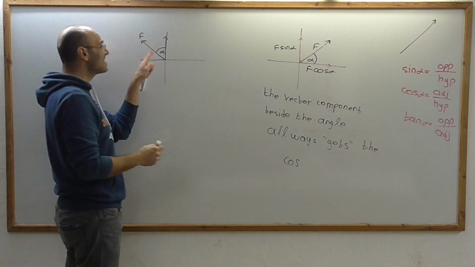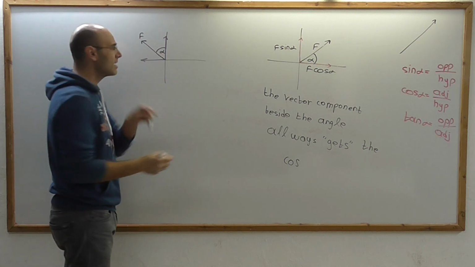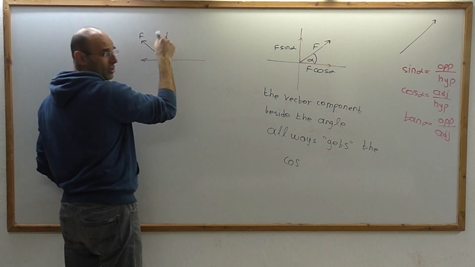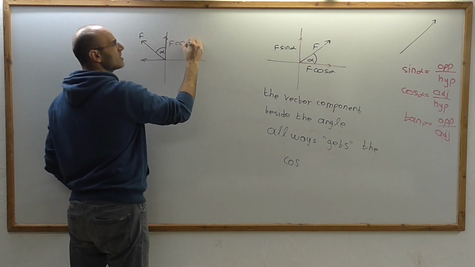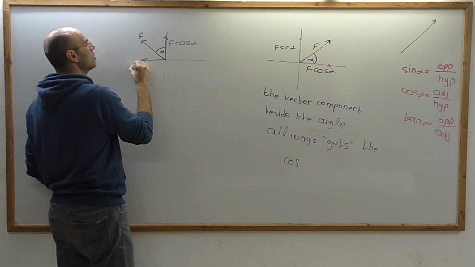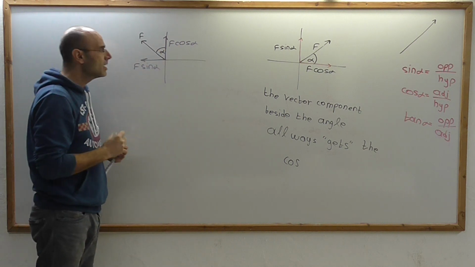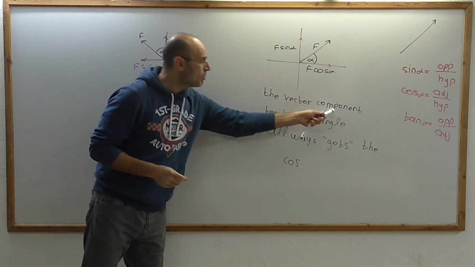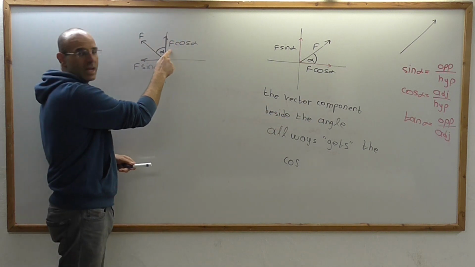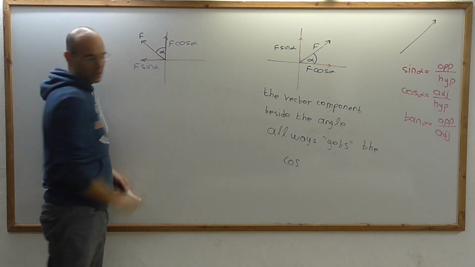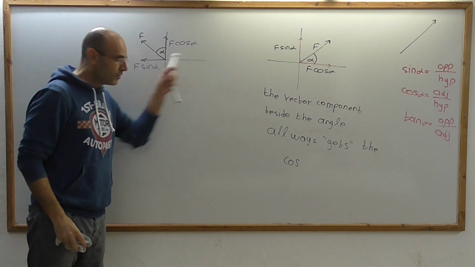Always the component beside the angle gets the cosine. So the y component will be f cosine alpha, and this component will be f sine alpha. The other component gets the sine. The vector component beside the angle always gets the cosine. Okay, let's do a few examples.